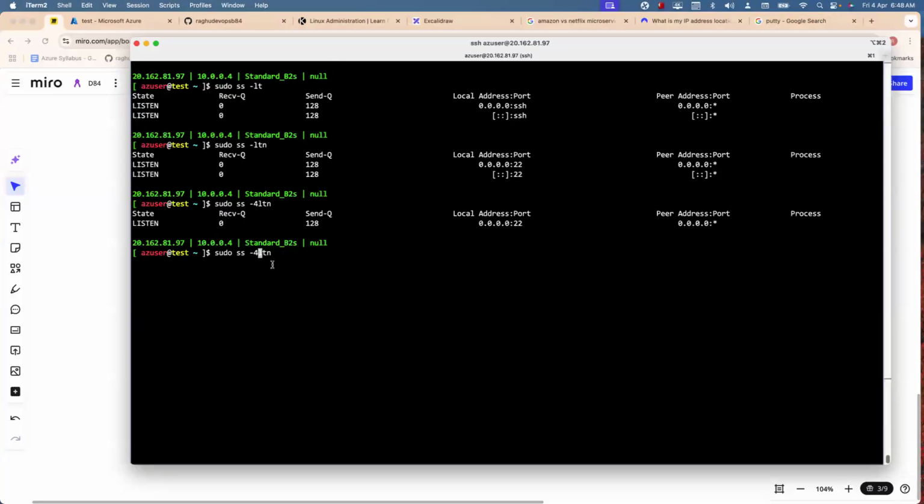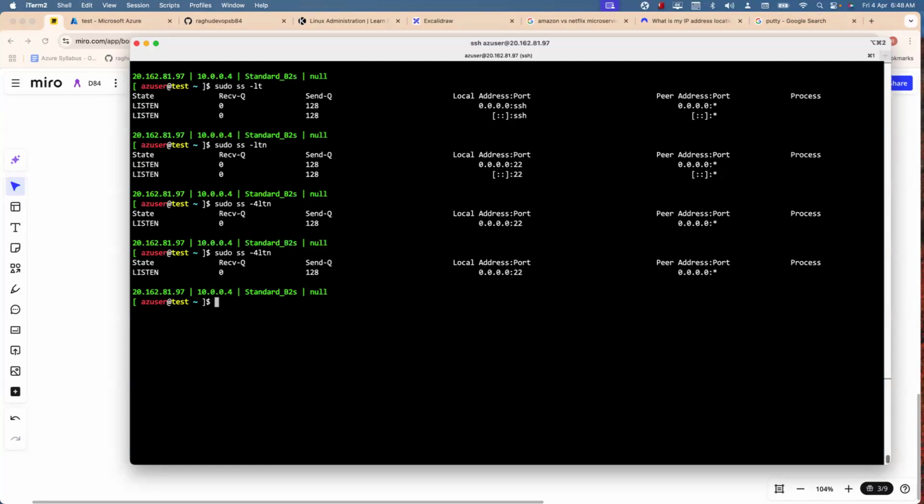Whatever the reason, if we want only the IPv4 information, you can use -4ltn.